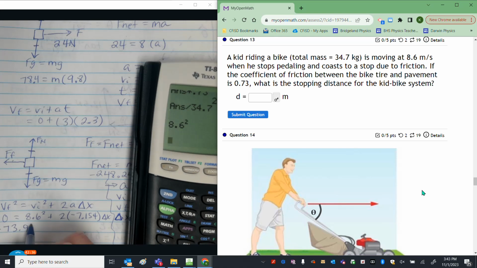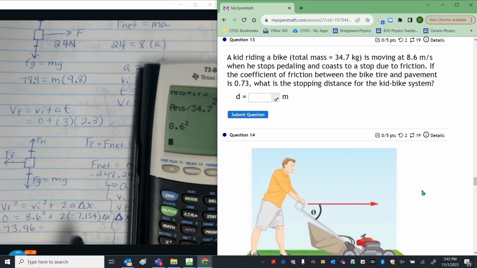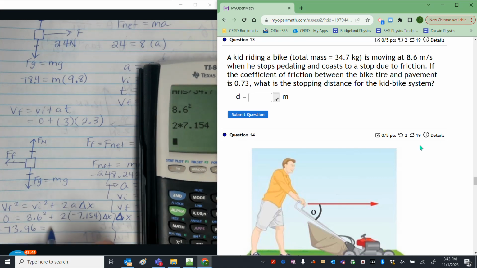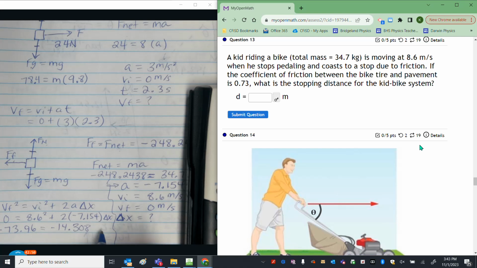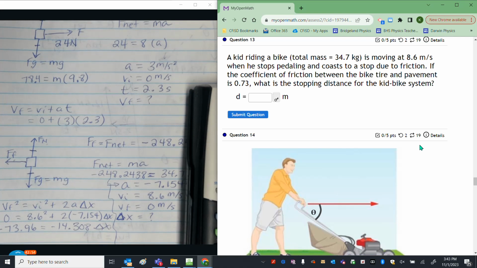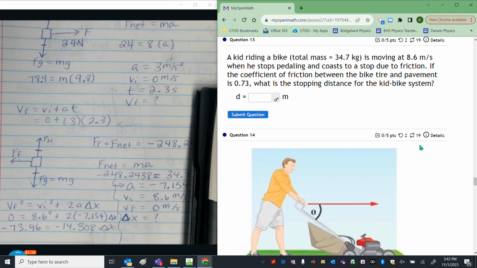Negative 73.96 equals, let's do 2 times this value, negative 14.308, times delta X. Again, I want delta X by itself, so we're going to divide both sides by negative 14.308.